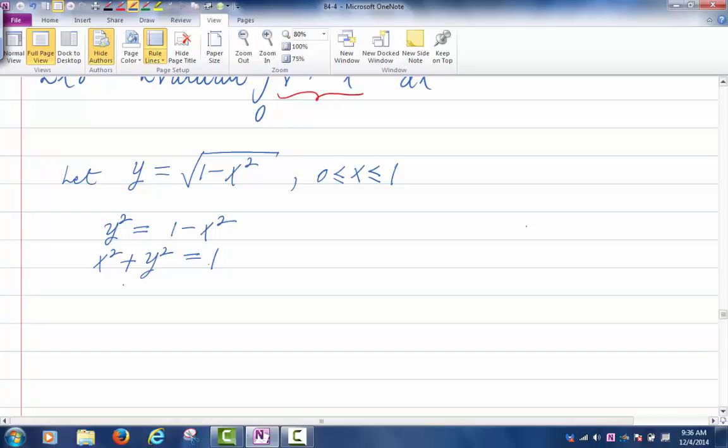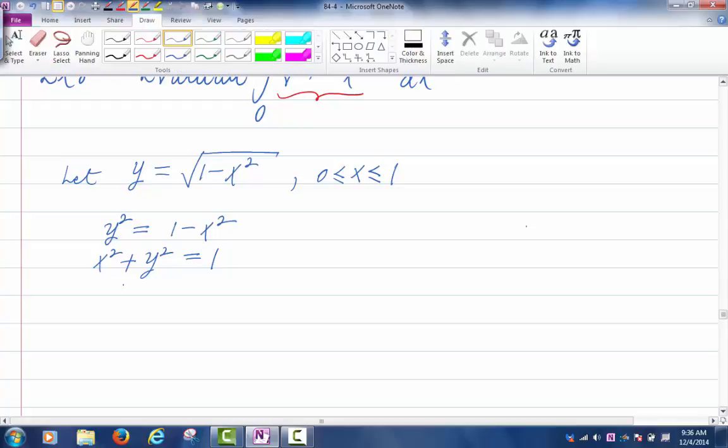And so what do I see? I see that the graph of my integrand is a part of the circle, but what part of the circle? Can someone tell me what part of the circle am I getting here? So let's say that this is a circle of radius 1, right? Centered at the origin.